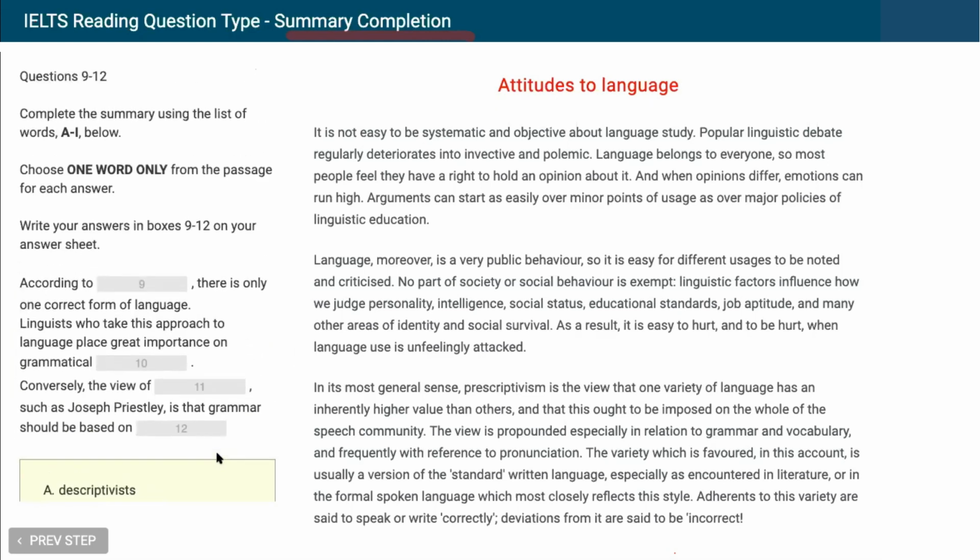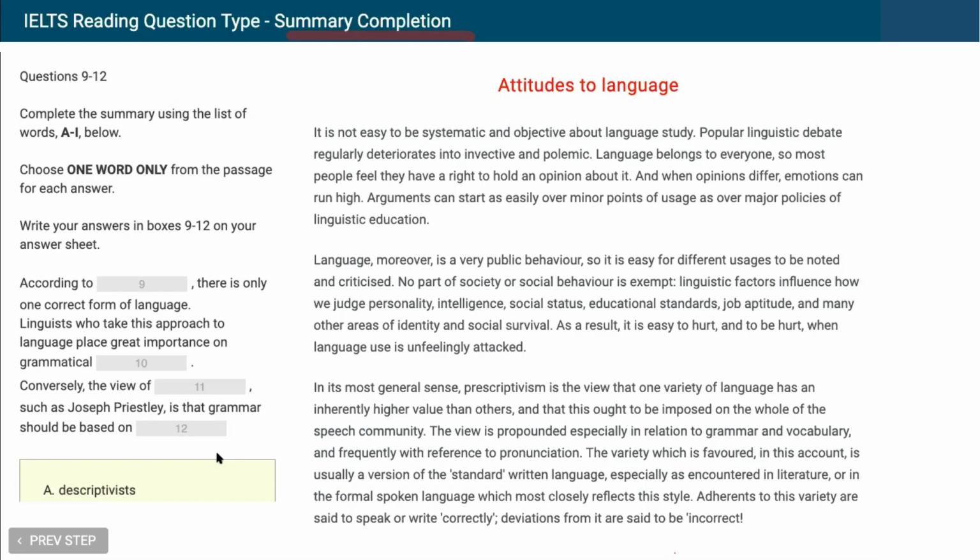Now, a lot of people would think that the summary completion question type with a word bank is easier, but that's actually not the case. Think about it. It would be far too easy if these words fit perfectly in our summary, just like they're included in the passage. So usually the IELTS exam will contain a few obvious tricks.